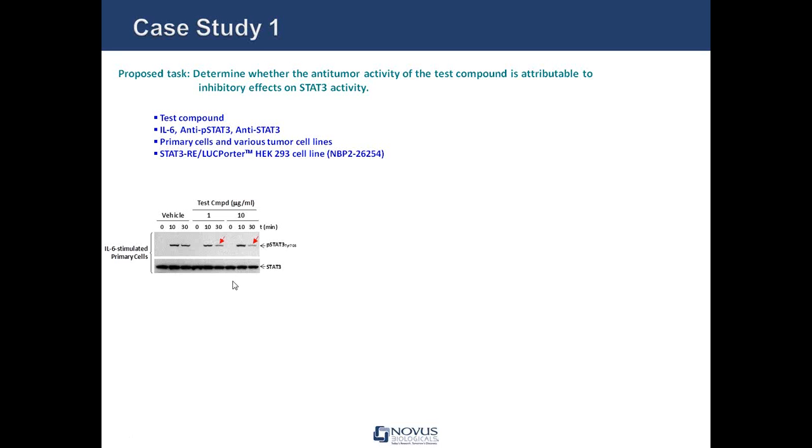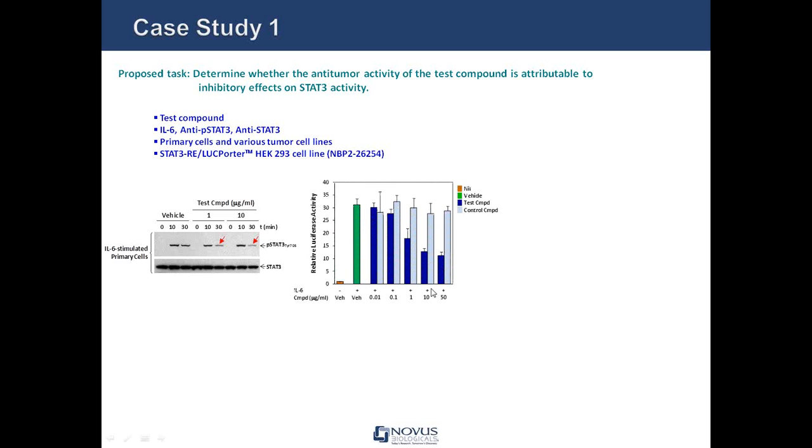We found that the test compound showed a suppressive effect on STAT3 phosphorylation, and then for follow-up confirmation with the reporter cell lines, we checked whether the test compound inhibits STAT3 activity based on this STAT3 cell-based assay.